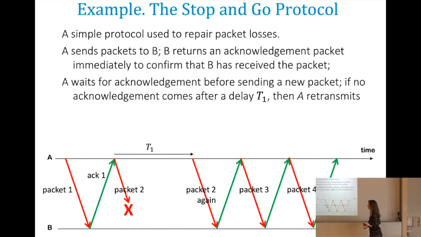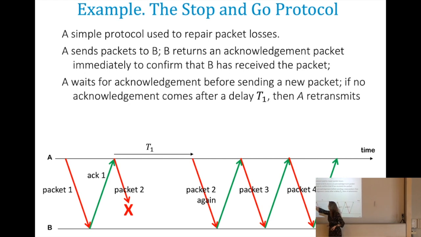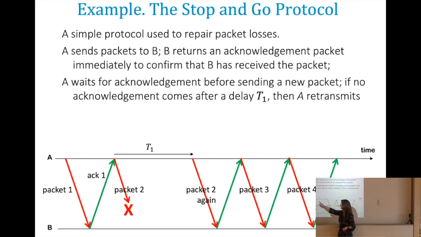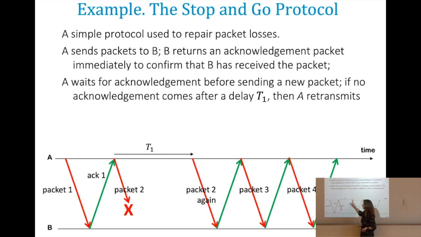So here everything goes fine, but A is not sending packet 2 because it did not receive the first acknowledgement. Once it does, it tries to send packet 2, but there is a timeout because it did not receive the acknowledgement for packet 2, so it knows it needs to send it again. So in this kind of protocol, we typically have a lot of latency.